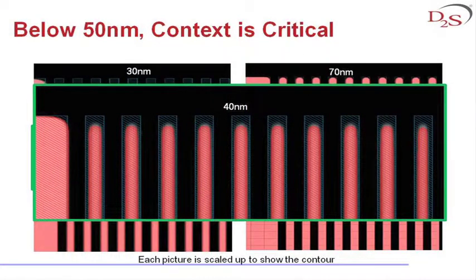Blowing up the 40 nanometer picture because I want to show you the context dependence. So this shape, as you remember from the first slide, the left side is 100% exposed, right side is 0% exposed, and that context matters to how these line and space patterns print. That's what's important.